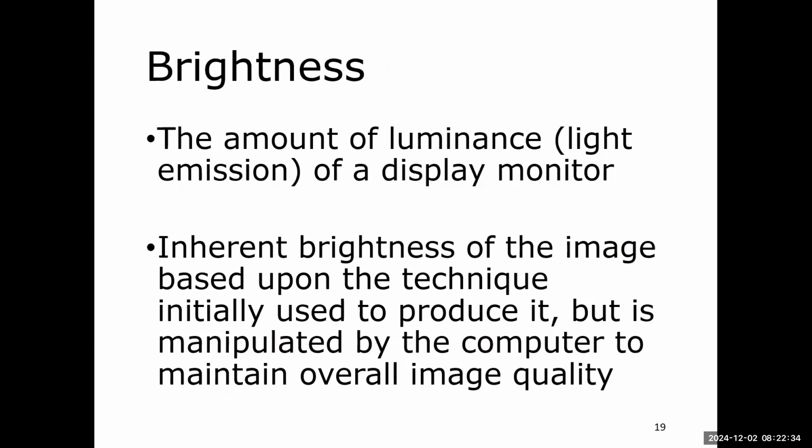So brightness is the amount of luminance or light emission of a display monitor. This second sentence here, I want to read it and then explain what I'm saying. The inherent brightness of the image is based upon the technique initially used to produce it, but is manipulated by the computer to maintain overall image quality.